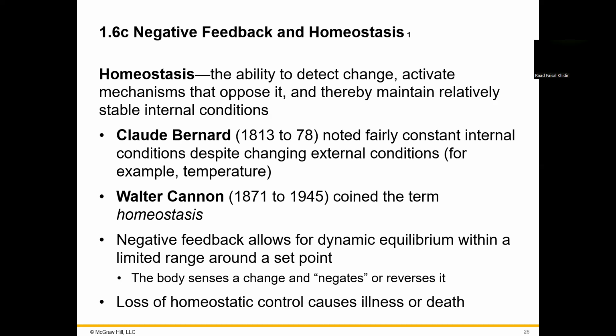For example, right now, if they measure your temperature, it's 36.6, 37 degrees Celsius. If you go out in snow, you're gonna shiver, but your temperature is still gonna be 37. Let's say the euthermia is 37 degrees Celsius.